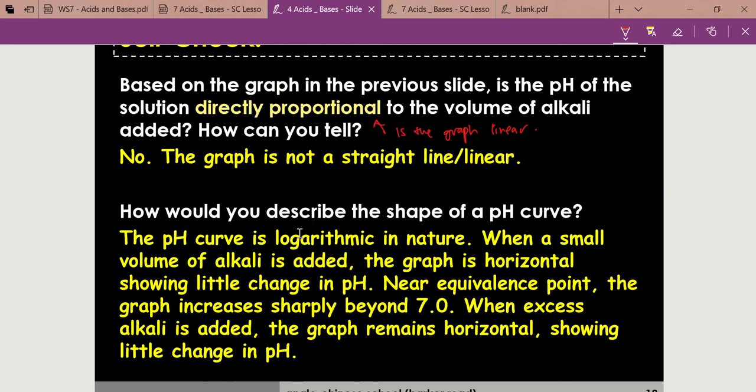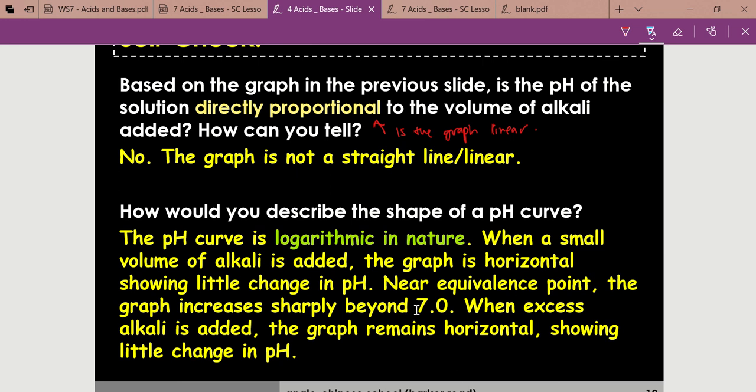Okay, so that's why over here, how would you describe the shape of the pH curve? The curve is logarithmic in nature. And then if I have a small volume of alkali added, the graph usually has little change. But near the equivalence point, so near the endpoint of neutralization, the graph will increase sharply beyond pH 7.